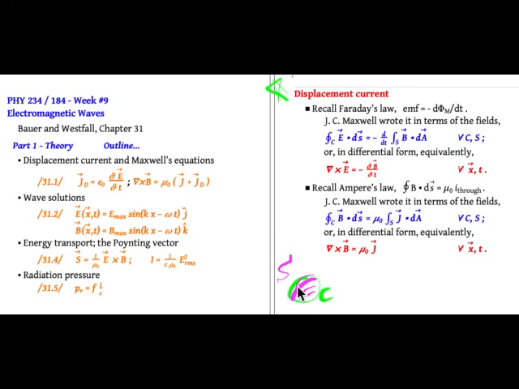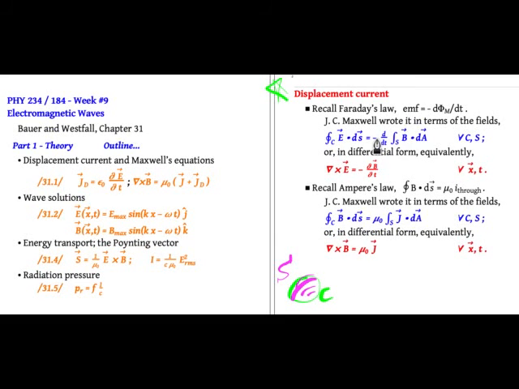So in other words, it's an open surface and the boundary is the curve C. All right, the circulation of E around the curve is equal to the negative of the rate of change, or the rate of decrease of the flux through the surface.